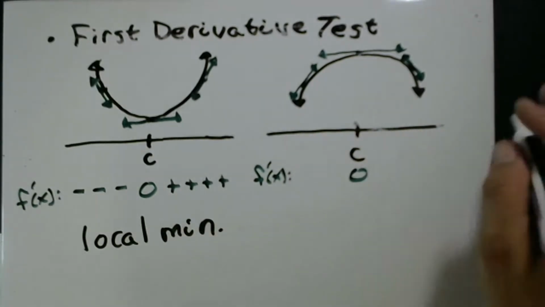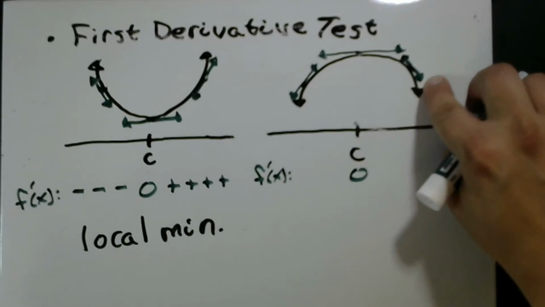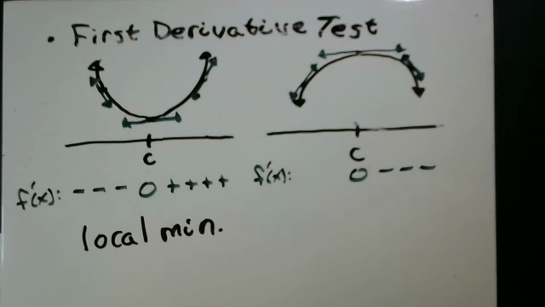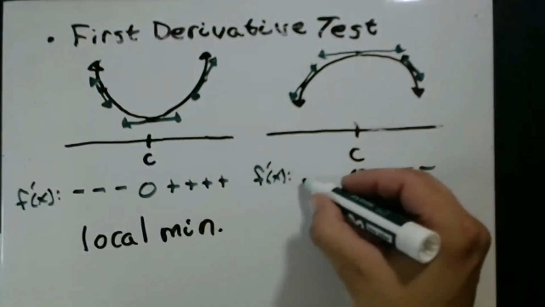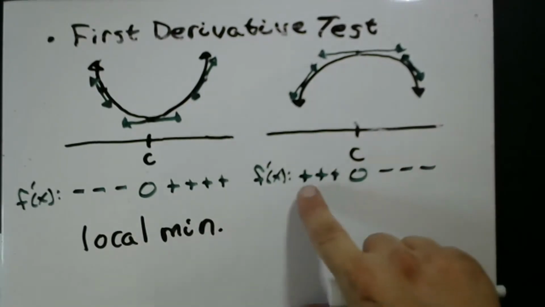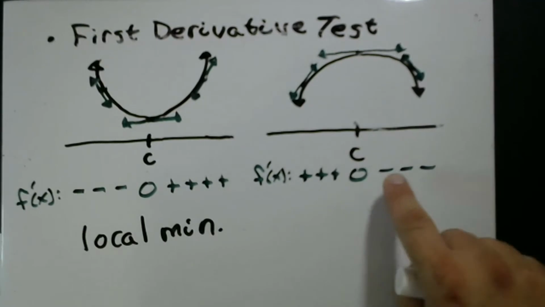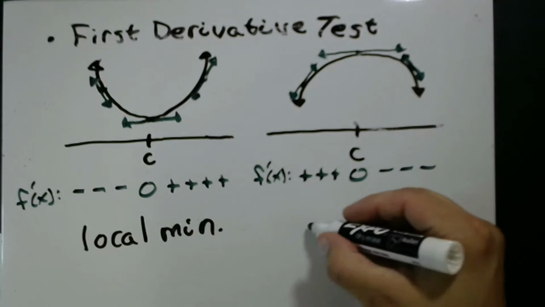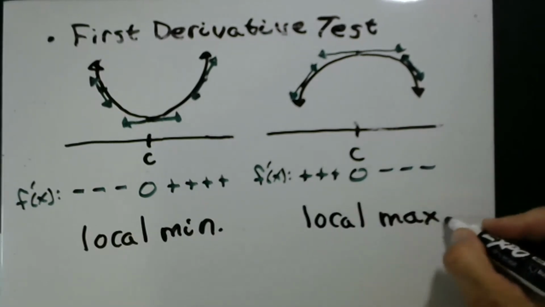Then after the critical point, we're going to start seeing tangents that have negative slopes. But before the critical point, we have tangents that have positive slopes. Or put another way, the first derivative is positive, then it's 0, and then it's negative. And this tells us we have a local max.